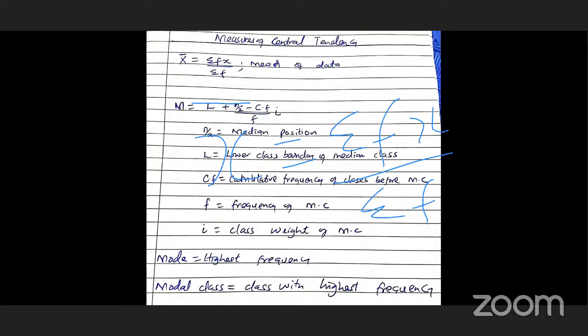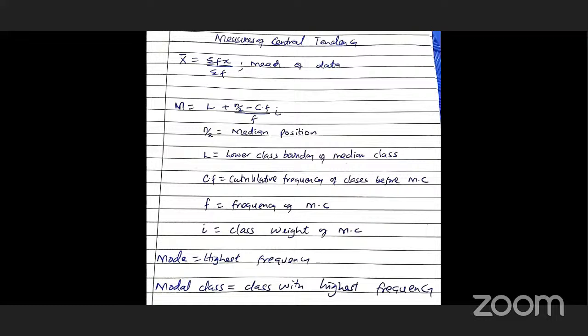Then the next one that we looked at in Form 2 was the median, where we said that to get the median, you use L plus N over 2 minus CF over F, times I. N over 2 is the median position, N being the total frequency.